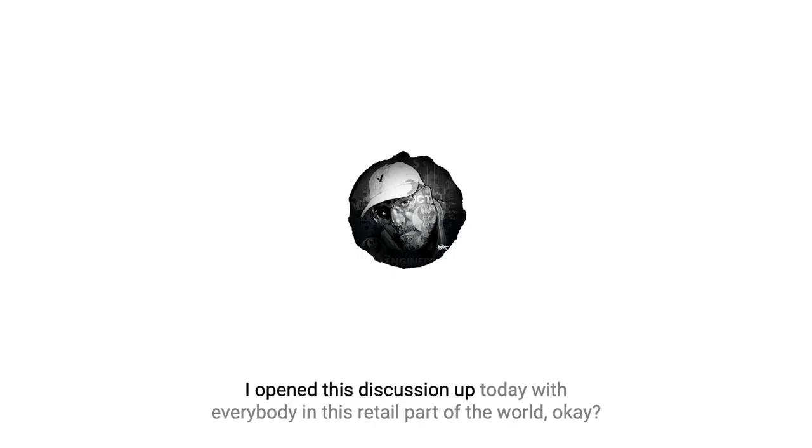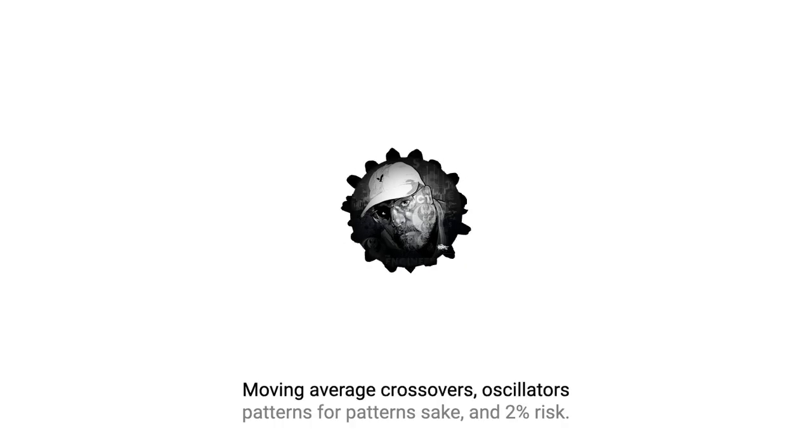I opened this discussion up today with everybody in this retail part of the world, in trading. They all learn the same stuff: diagonal trend line support and resistance, moving average crossovers, oscillators, patterns for pattern's sake, and 2% risk. Where are all the yachts?